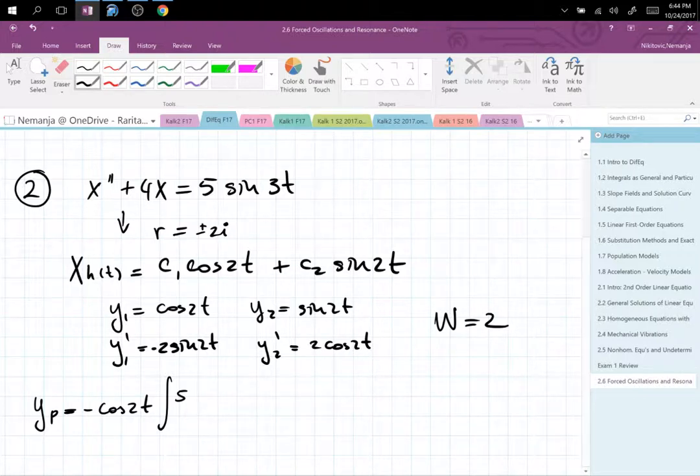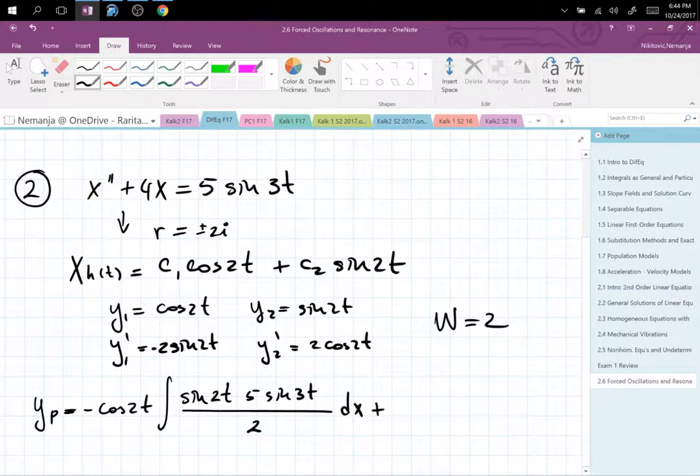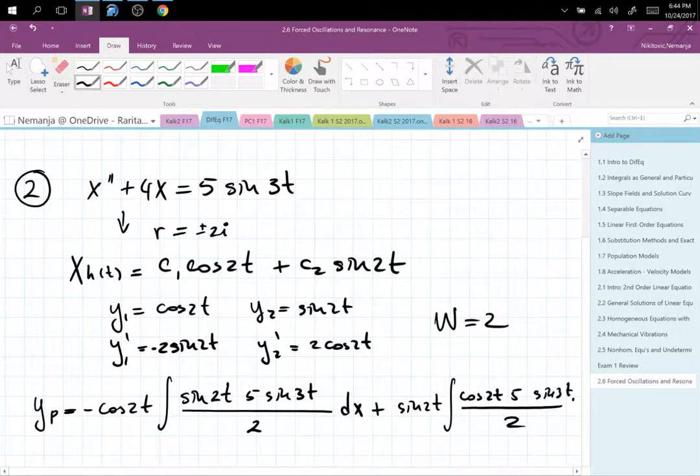you're gonna love this. So sine 2t times 5 sine 3t over the Wronskian, which is 2, plus y2, which is sine 2t, integral of cosine 2t times 5 times sine 3t over 2 dt.